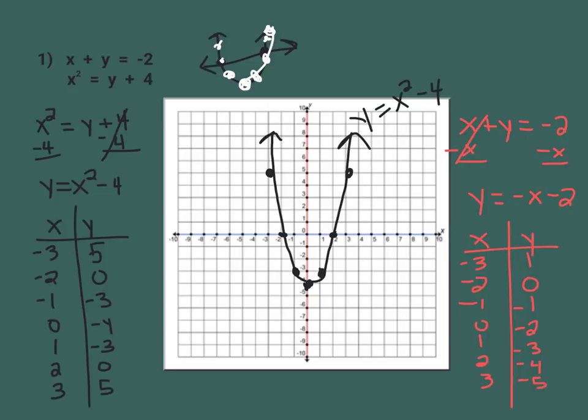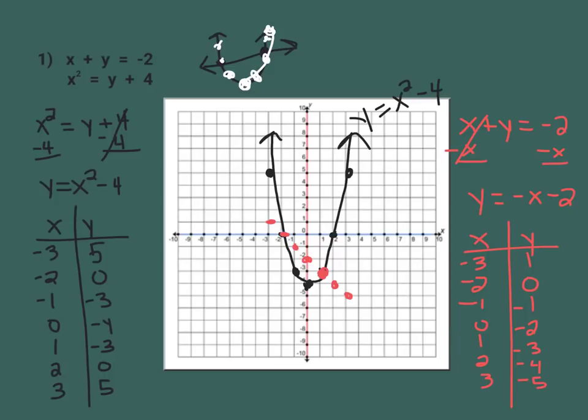All right, so we have negative 3, positive 1, negative 2, 0. Ooh, look, there's one point of intersection right there. Negative 1, negative 1, 0, negative 2, 1, negative 3. It looks like there's another point of intersection. 2, negative 4, and then 3, negative 5. Now, you should use a straight edge. I actually have a little trouble doing that because I don't see any lines.